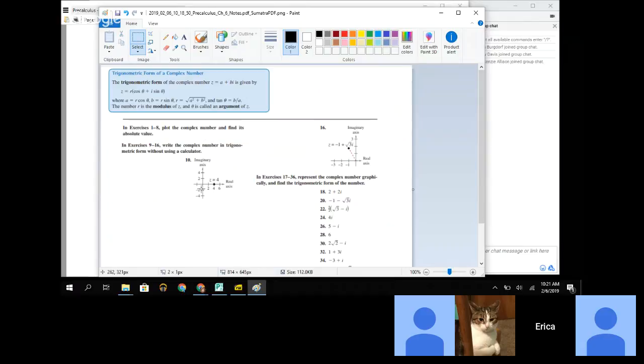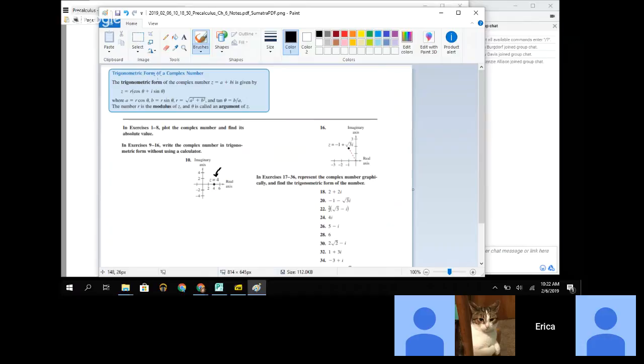So if I just wrote this as a complex number, it would just be z equals 4. There's no complex part to this, but we're going to write it in trig form. So what is the absolute value, or the r value, for this?